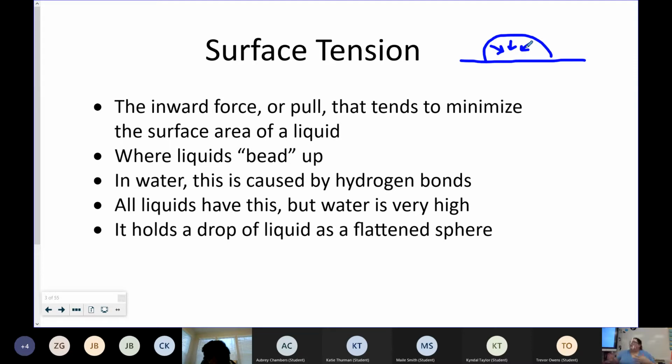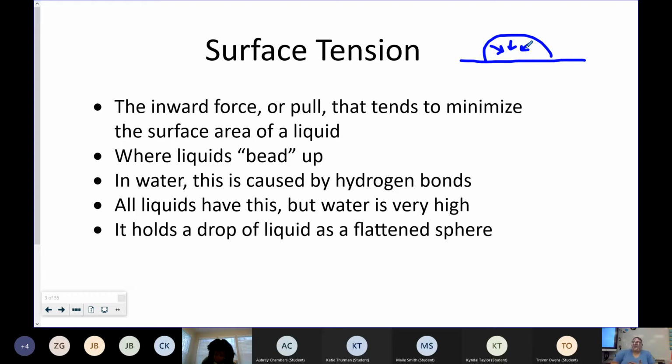Water has an unusually high surface tension compared to other substances, because it not only has the normal surface tension pulling inward, it also has hydrogen bonding pulling those water molecules toward each other even more. All liquids have surface tension, but water's is unusually high because of those additional hydrogen bonds.